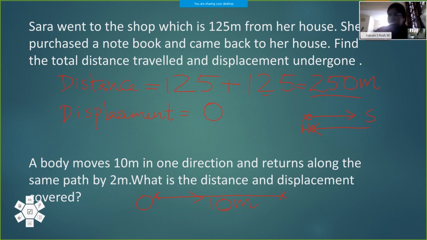and returns along the same path. He is moving through the same path again and returns along the same path by 2 meters. So O is the origin, A is the final point, then returns, and now B, this point B, returns to B and travelled 2 meters.